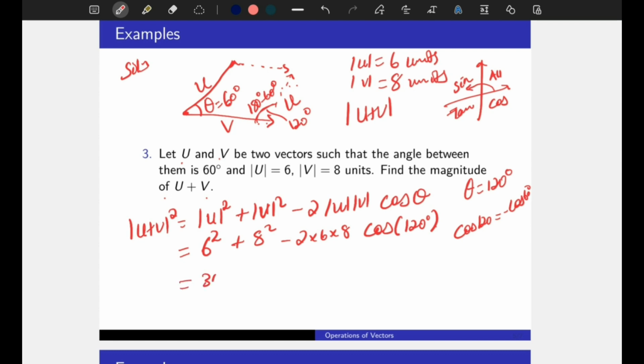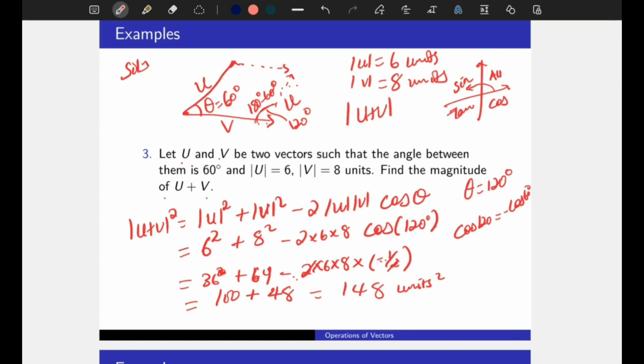So we have 6 square, which is 36, plus 64, minus 2 times 6 times 8 times minus half. So 2 can be cancelled by 2, and when you add these two you get a positive number, which is 100 plus 48, which is 148 units square.